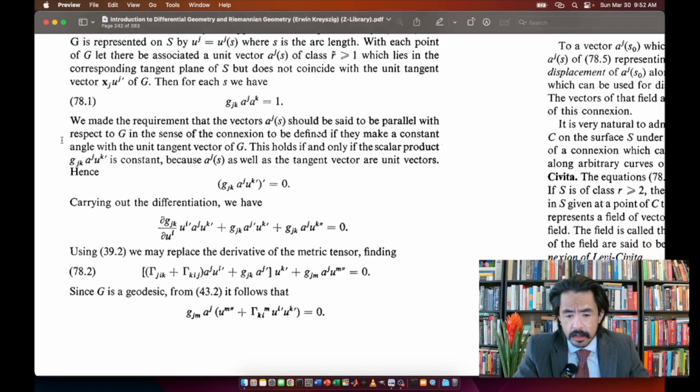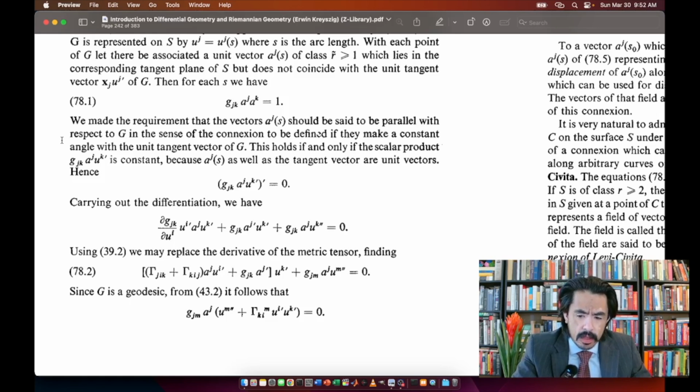We make the requirement that the vectors a superscript j of lowercase s should be said to be parallel with respect to capital G in the sense of the connection to be defined if they make a constant angle with the unit tangent vector of G. This holds if and only if the scalar product lowercase g sub jk times a superscript j times u superscript k prime is constant, because a superscript j of lowercase s as well as the tangent vector are unit vectors.